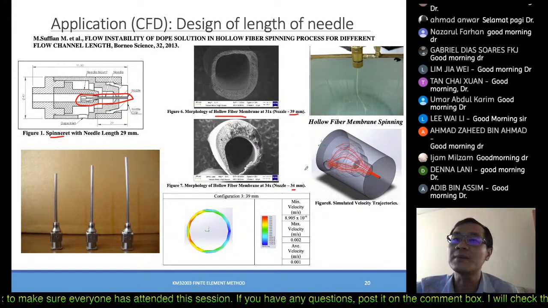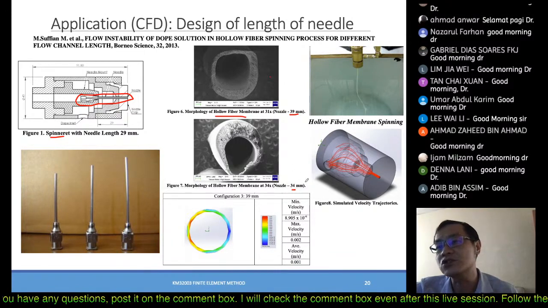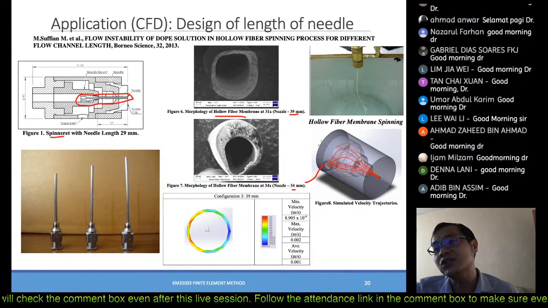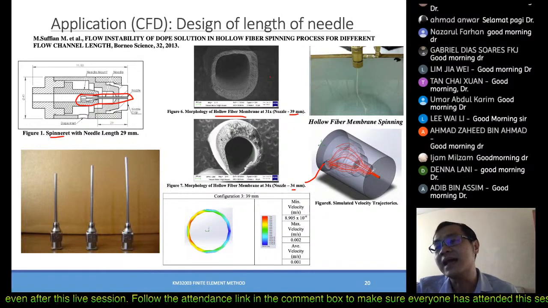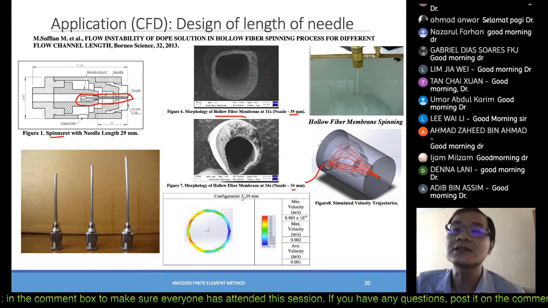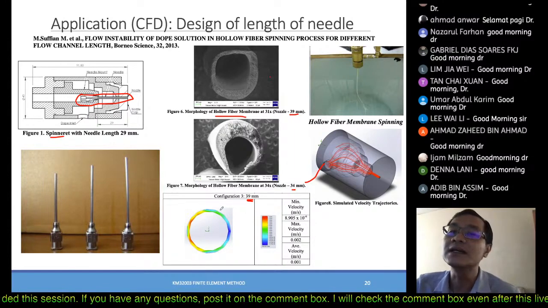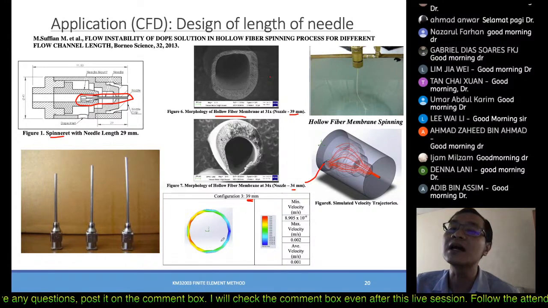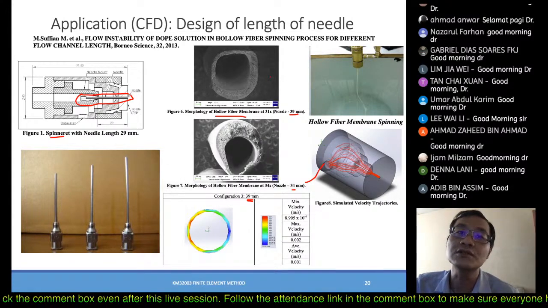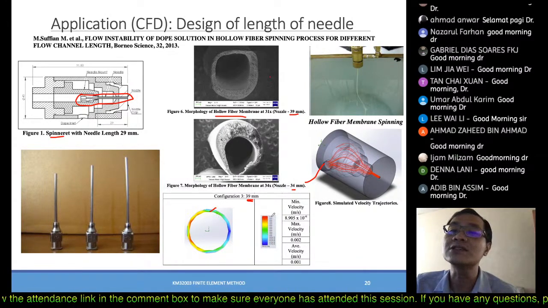Why this happened is that he tried to simulate, because the flow is going at the side, that's why the fluid is not uniform until a certain length of the needle. He noticed that when the length is 39, long enough, the distribution of the velocity across this nozzle needle, where the fluid is flowing out, is almost similar.